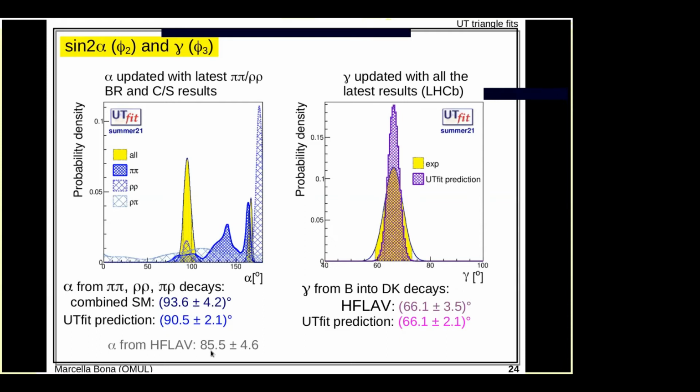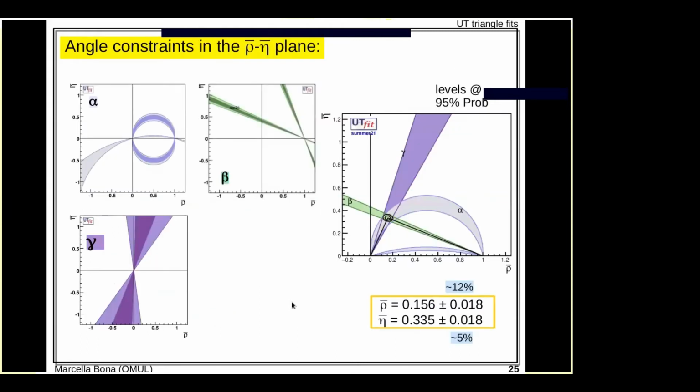You have to consider that we have a slightly different input for alpha in our fit. And again, I compared this with the UT fit prediction that comes from the entire fit without using the alpha constraint. The yellow is our average that we are using as input.